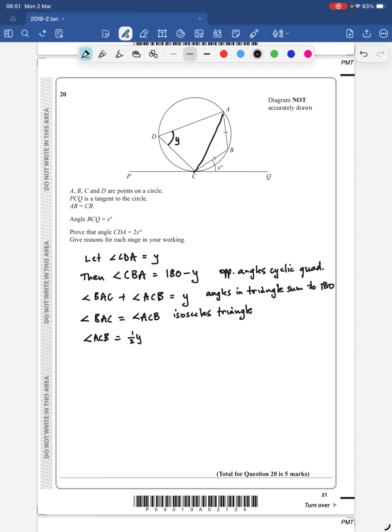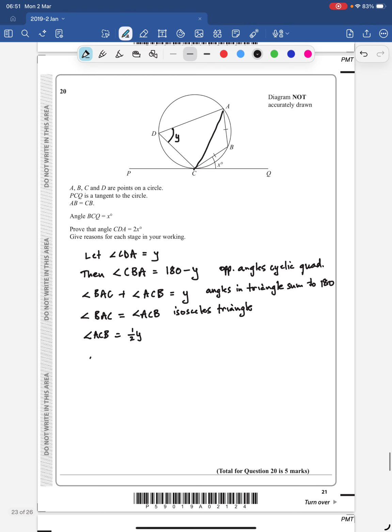I can say that angle ACQ, that's this big one here, is equal to y, and then AST, alternate segment theorem, that's going to be enough.